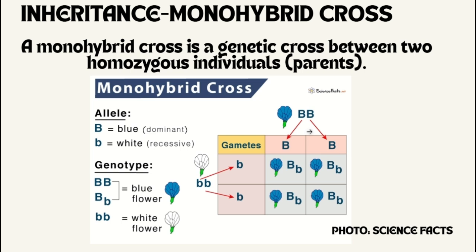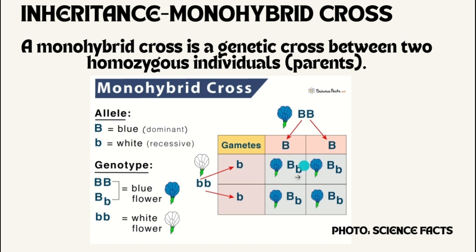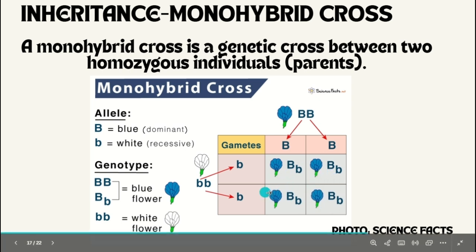So BB, the big B is blue, which is dominant, and the little b is white, which is recessive. If we cross homozygous dominant with homozygous recessive, we're going to get 100% blue flowers.